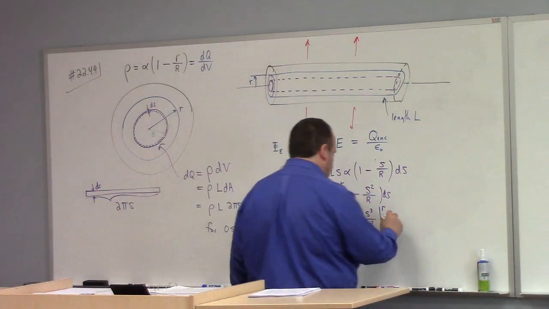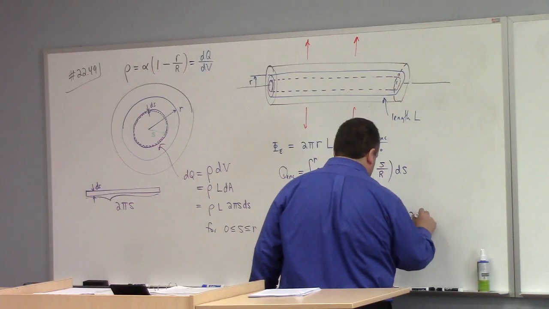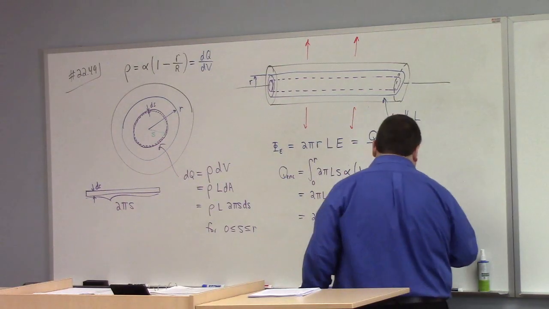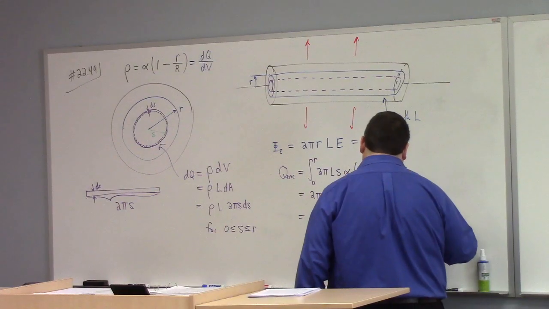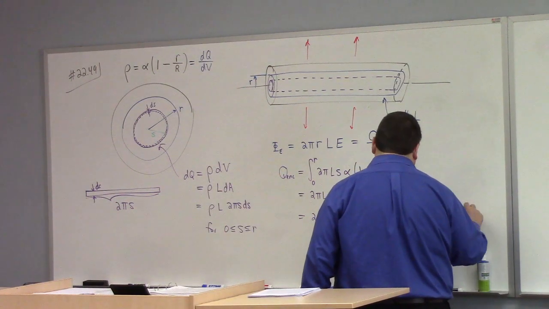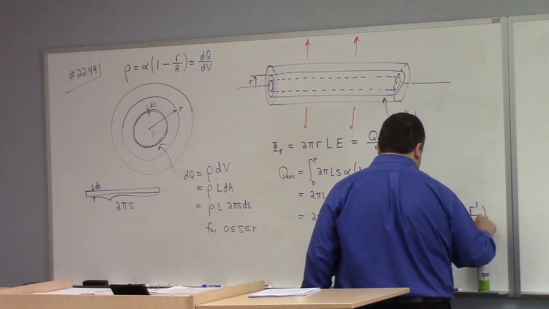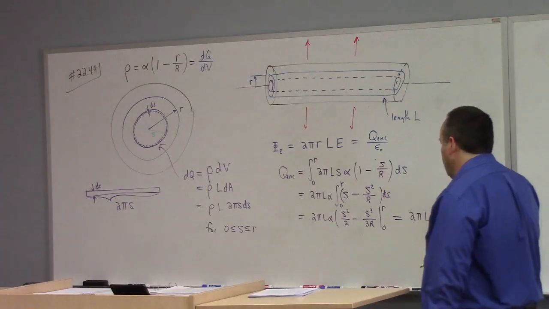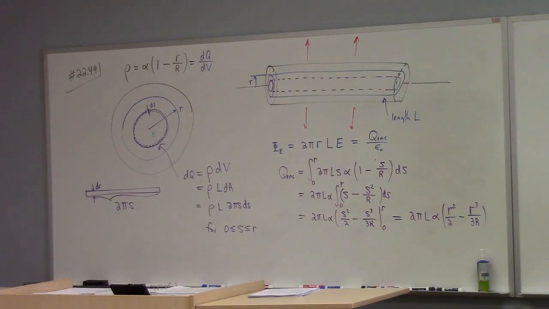So lo and behold, we got ourselves a 2 pi L alpha times little r squared over 2 minus little r cubed over 3R. There's my charge enclosed. Yay.